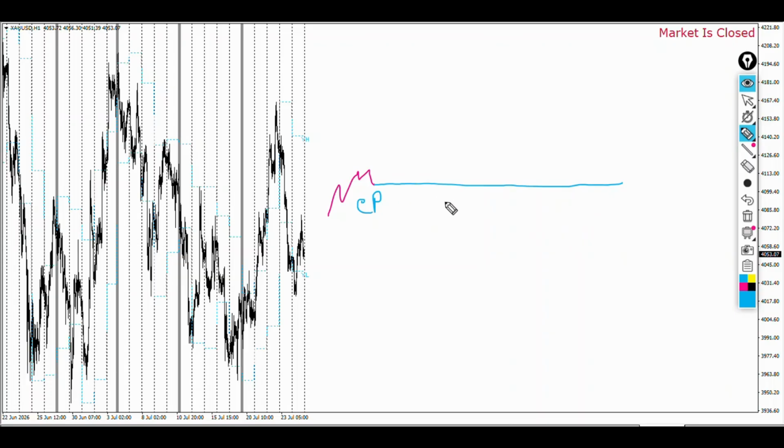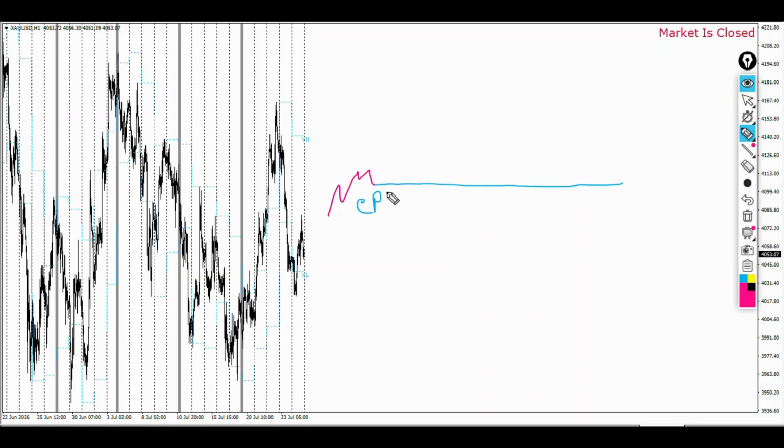Once you understand the closing price, the next thing you need to understand is the weekly template, how it looks. There are only three types of weekly template. First of all, I will show you the up cycle, bullish, and for the bearish we have another three weekly templates. The first variation of the weekly template is, let's say this is our CP or closing price.